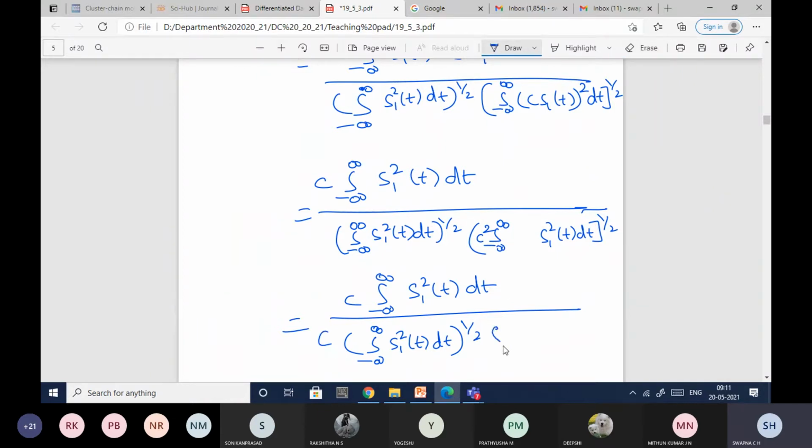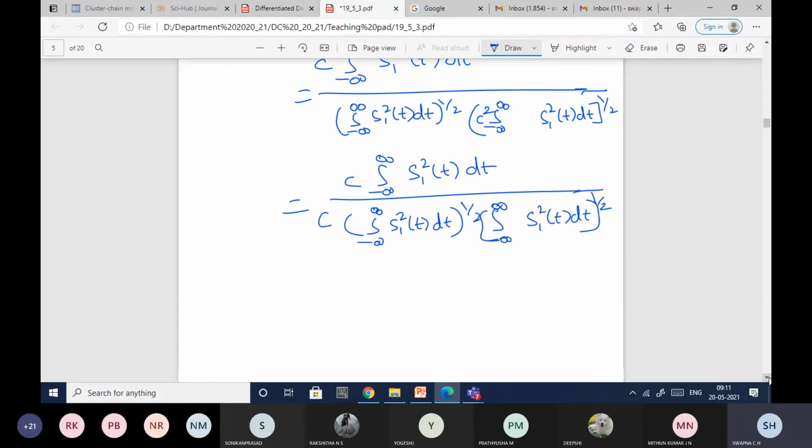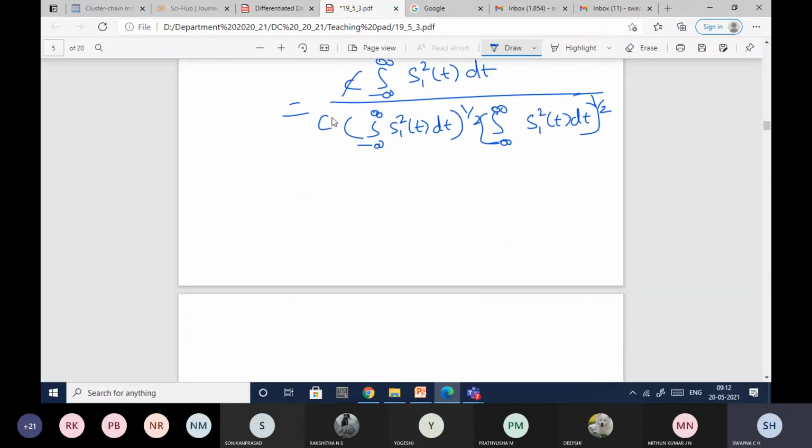I'll take c outside. So I'll be left with the integral of s1 square of t dt whole power half. Now I can use the formula a power m into a power n. This c and this c will get cancelled. Here this is the same, and this is also the same, and I have half and half. So a power m into a power n will be equal to a power m plus n. So the power here is nothing but half plus half, which will be 1.